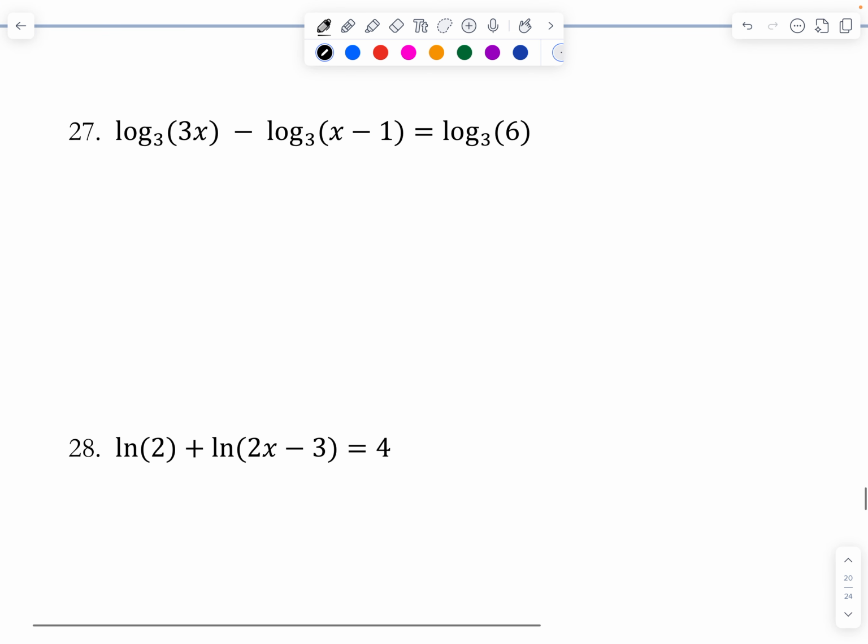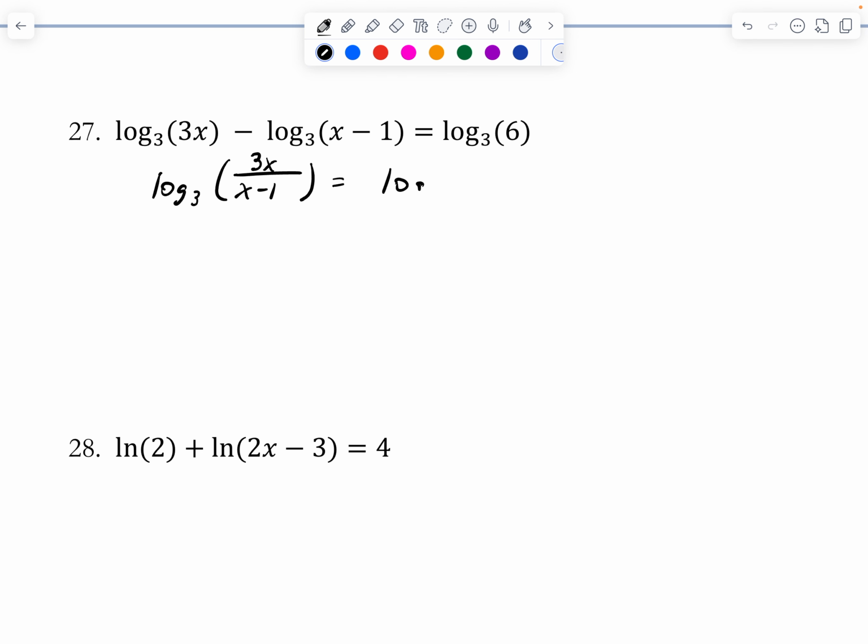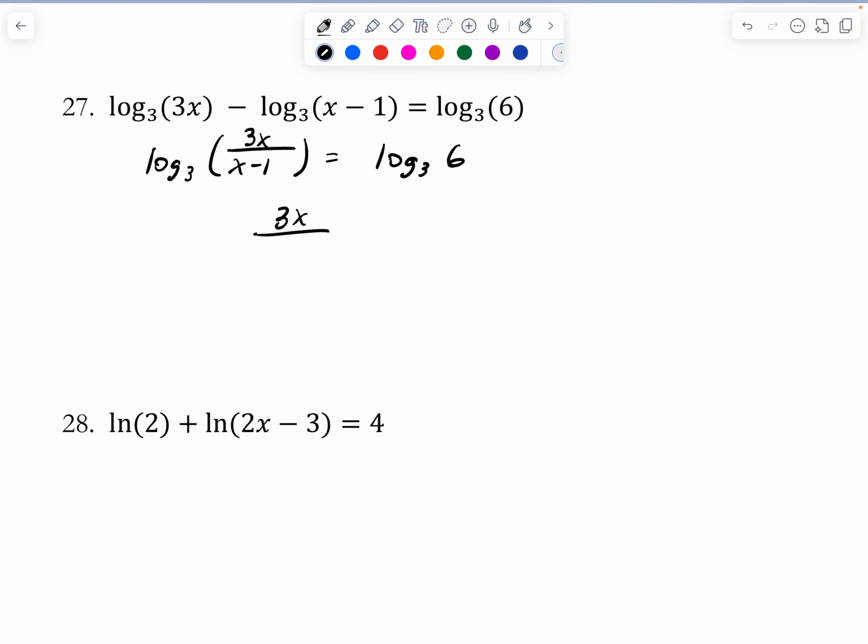Okay, again, similar to one we did a few problems ago, I'm going to combine these logs, but this time, since it's subtraction, I'm going to write 3x over x minus 1. And then now I'm going to drop the logs and just write 3x over x minus 1 equals 6. Move that x minus 1 over with multiplication to get 6x minus 6.